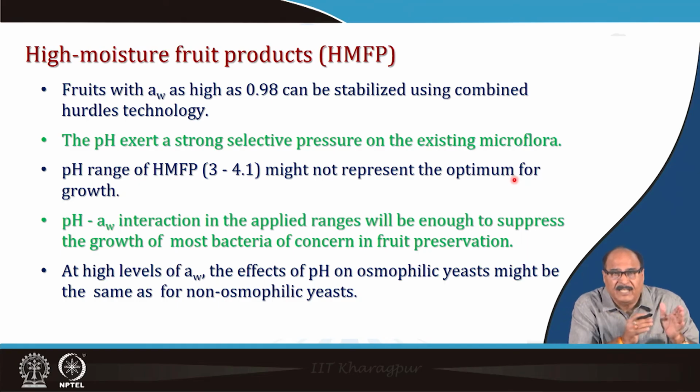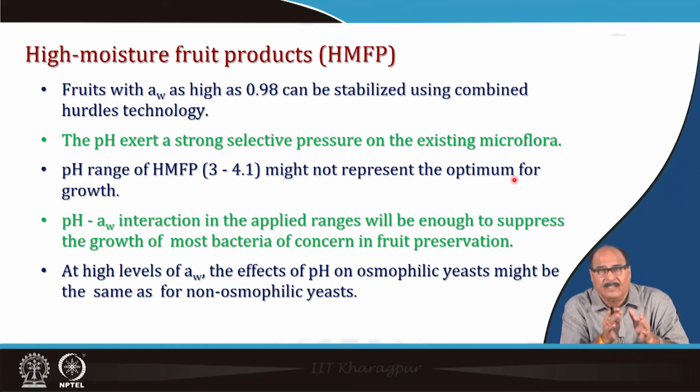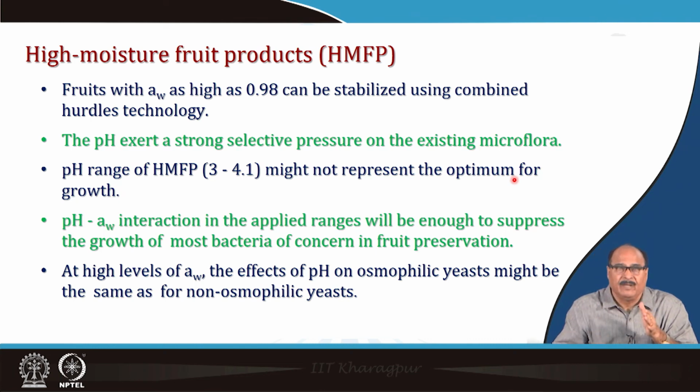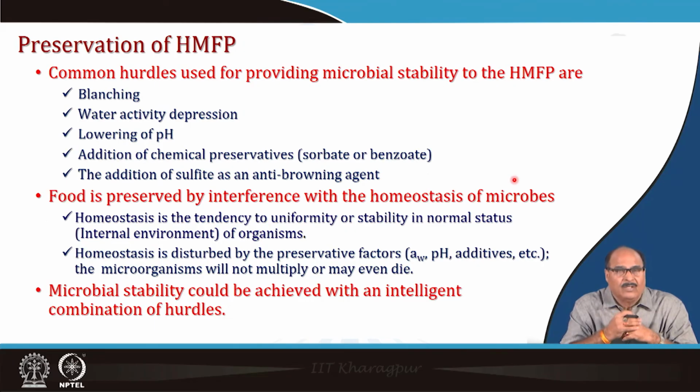So, the pH and aw interaction in the applied ranges will be enough to suppress the growth of most bacteria of concern in fruit preservation. At high levels of water activity, the effects of pH on osmophilic yeast might be the same as for non-osmophilic yeast. Okay. For the preservation of high moisture fruit products, we discussed hurdle technology in detail in the last lecture.